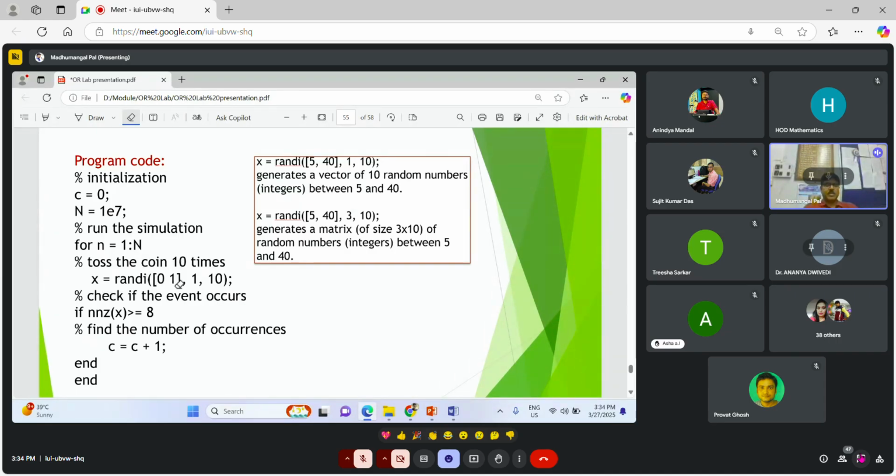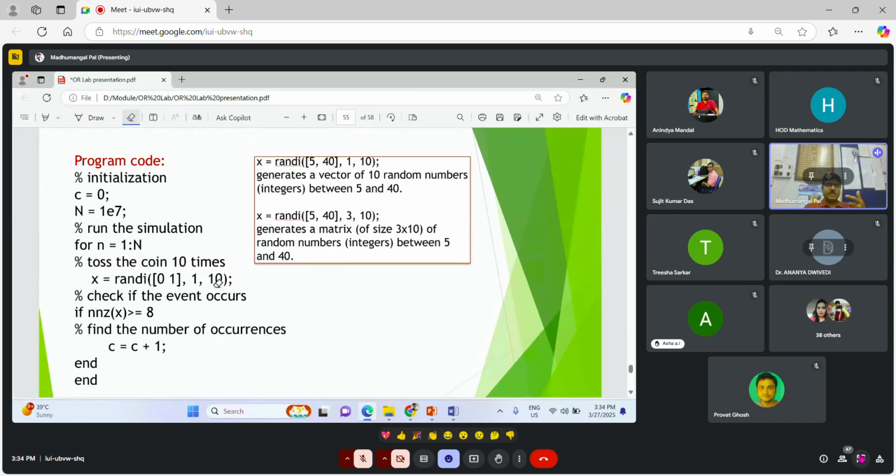So here, see that randi we have used. So the random number is generated between 0 and 1. 0 and 1 means either 0 or 1 because we are considering integers. So between 0 and 1, there are only two numbers, 0 and 1. Okay. So this function generates a random number between 0 and 1. And 1 comma 10 means 10 random numbers.